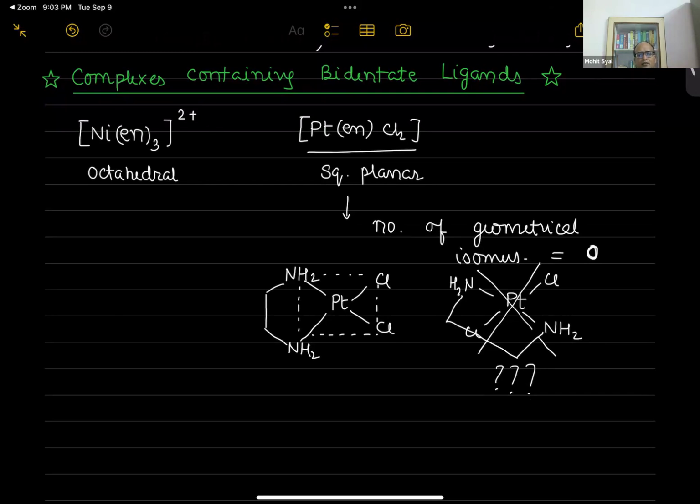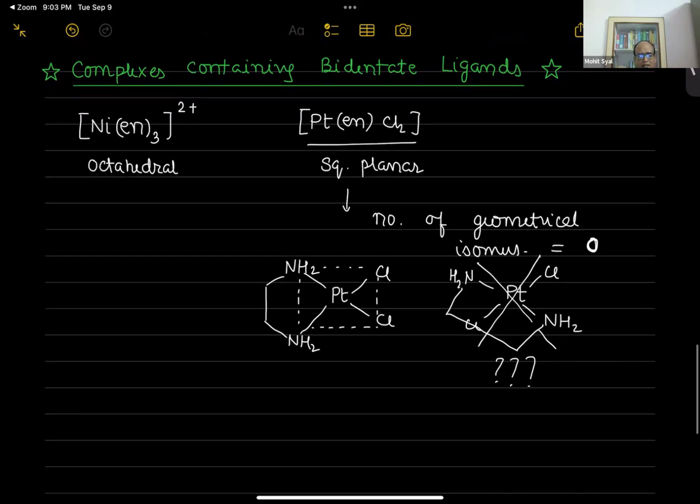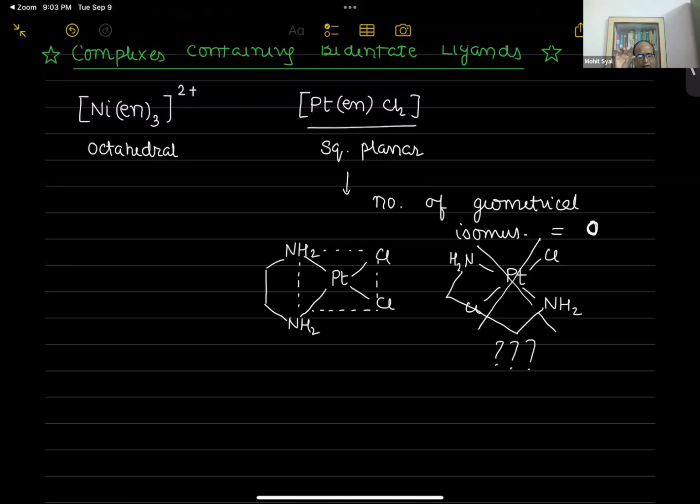Okay. So you should keep this in mind not only for this, but for other complexes. Never attach a bidentate ligand in trans position. Okay. Is it clear or not? Yes, sir. Okay, great. So it is not going to show.